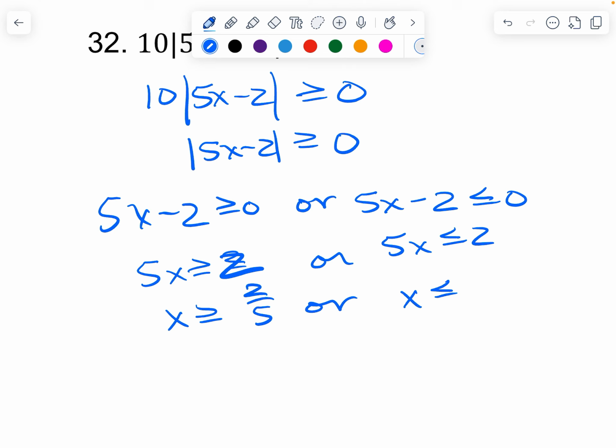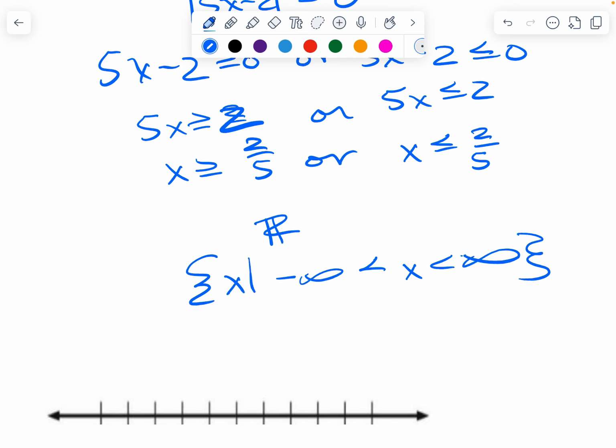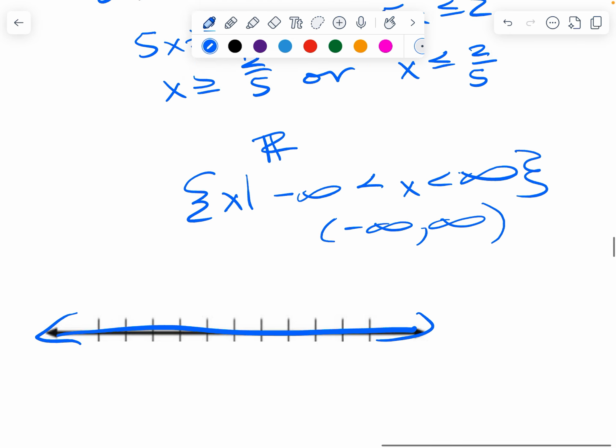X is less than or equal to 2/5. So again, all real numbers. So -infinity to positive infinity, and it's all the numbers on the number line.